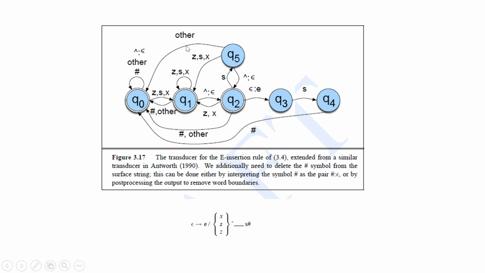So the idea for generating orthographic rules is that for any input other than what we are working with, let us say X, S and Z, you just output it. For these characters, you have to write what the rule is. That is the general idea.